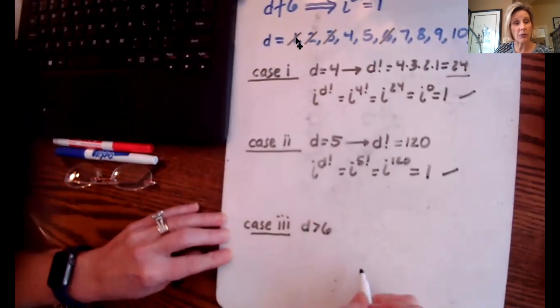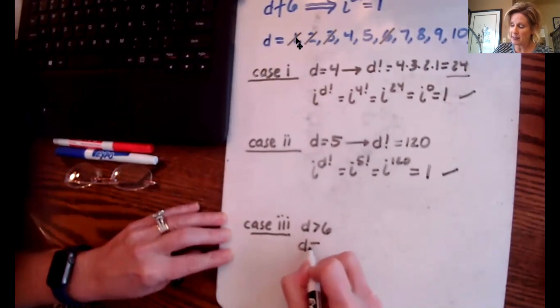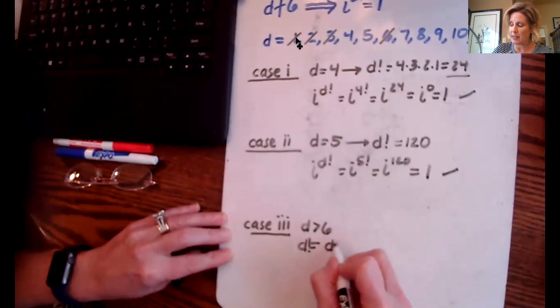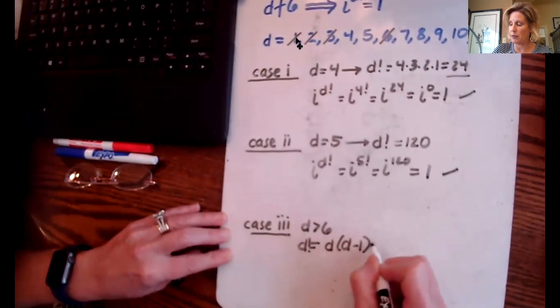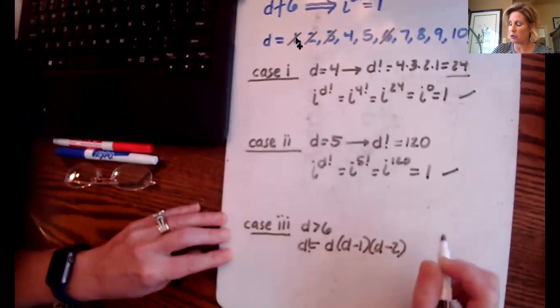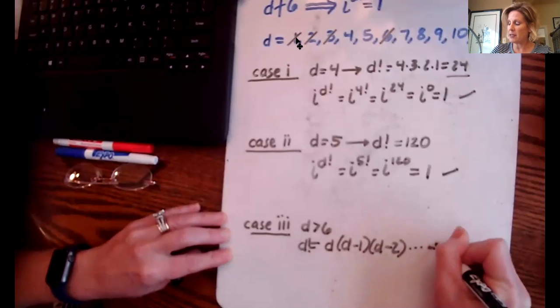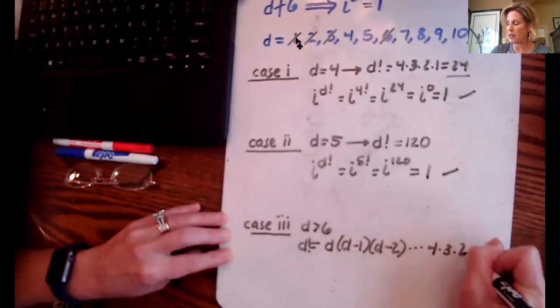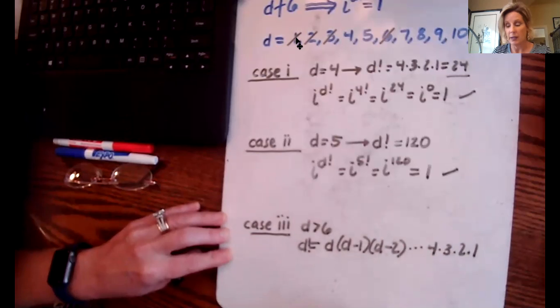Now, if d is greater than 6, then I can say that d factorial is d times d minus 1 times d minus 2 until I get down to 4 times 3 times 2 times 1. Well, let me say then that d factorial would be this 4 times the product of the d minus 1, d minus 2, and all of the other integers in the list.